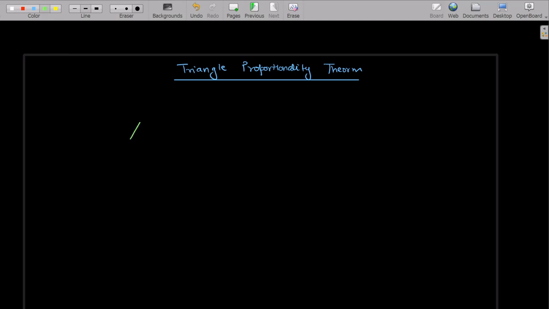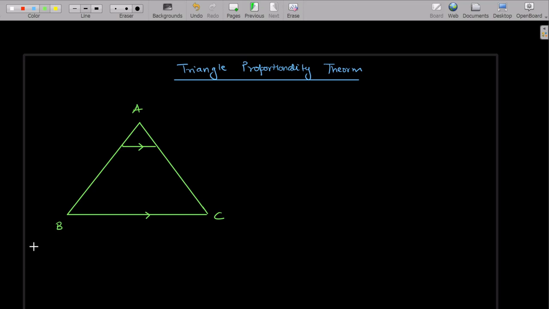Okay, so this one says that if we have a triangle, let's say ABC, and there is a line which could be like this, touching the two sides and parallel to the third side.